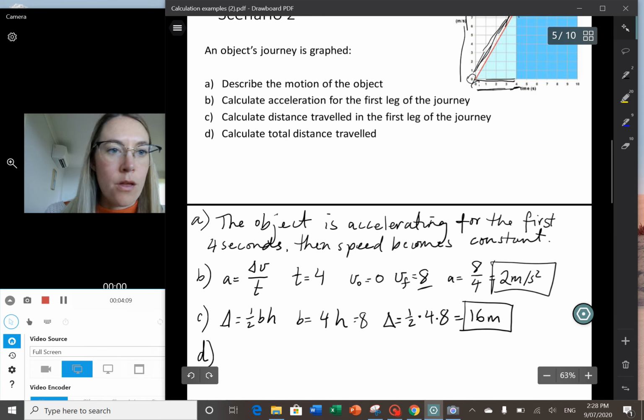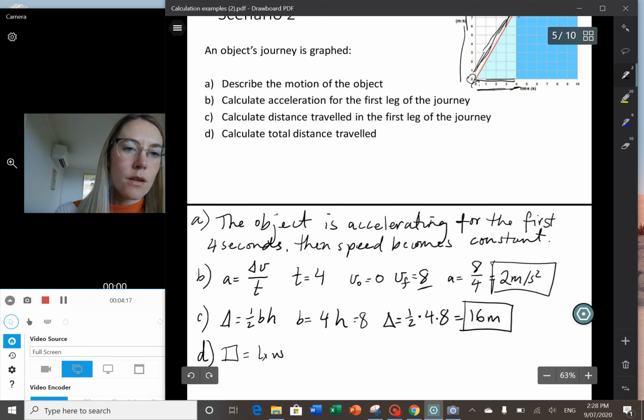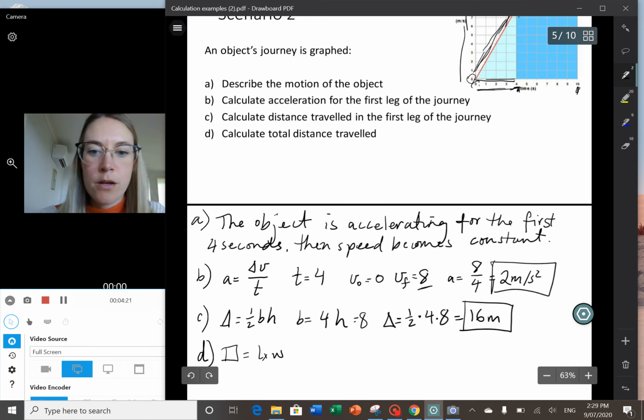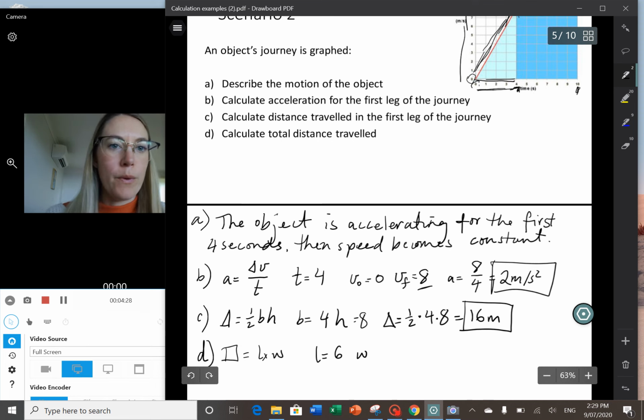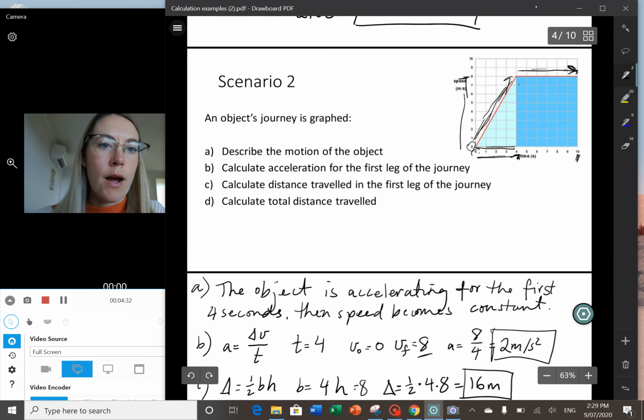So the area of a rectangle is going to be the length times the width. So here we're going from 4 to 10, so the length is going to be 6 units. The width is going to be 8 as well, because we know that after it reached a speed of 8, it stayed constant.